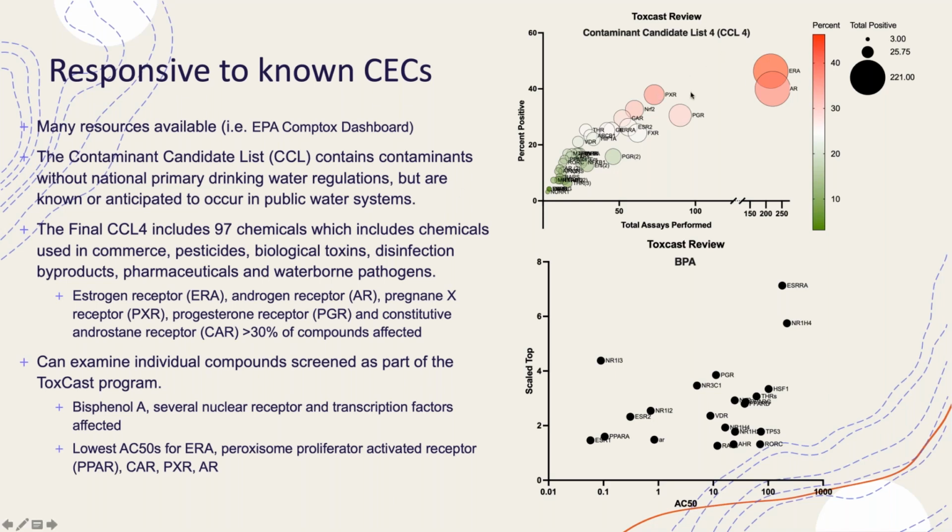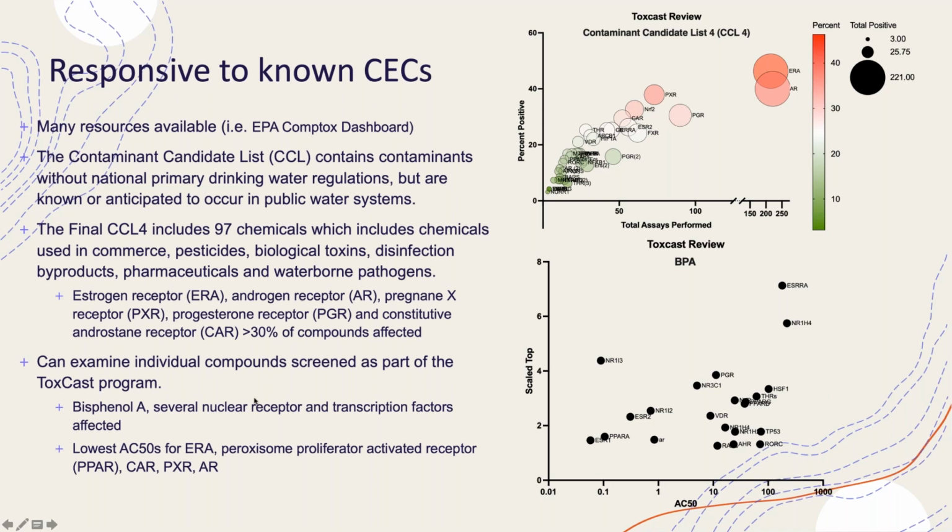And so anything that you see over to the right means that they've been detected several times in this 97 chemical portfolio. Anything that moves along this y-axis means that there's a high percentage of these 97 compounds that interact with these particular targets. For example, over 40% of these compounds interact with the androgen receptor, estrogen receptor, progesterone receptor, pregnane X receptor, and CAR.